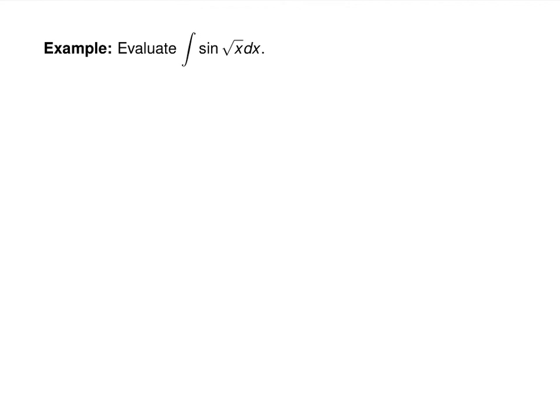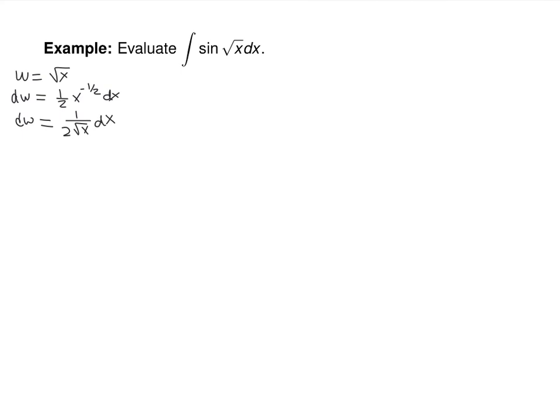Our final example substitution is a bit tricky. So just like the previous example, we let w equal the thing inside of the sine function. We're going to do the same thing here. So w will equal root x. I know it seems like it's going to lead you nowhere, but just give it a try. And then dw will be 1/2 x to the -1/2 dx, or dw equals 1/2 root x dx.